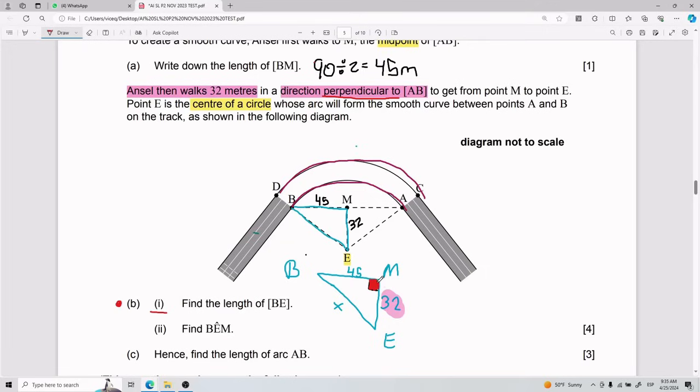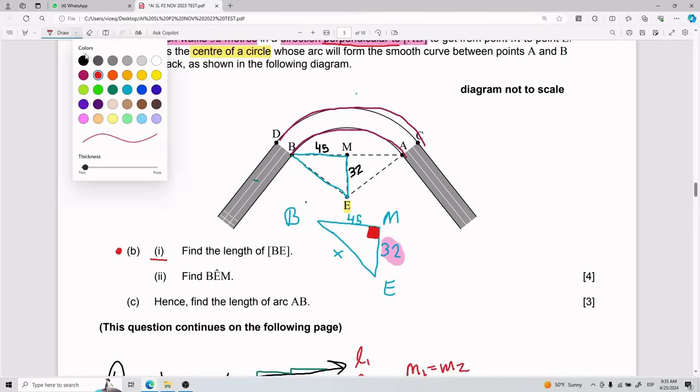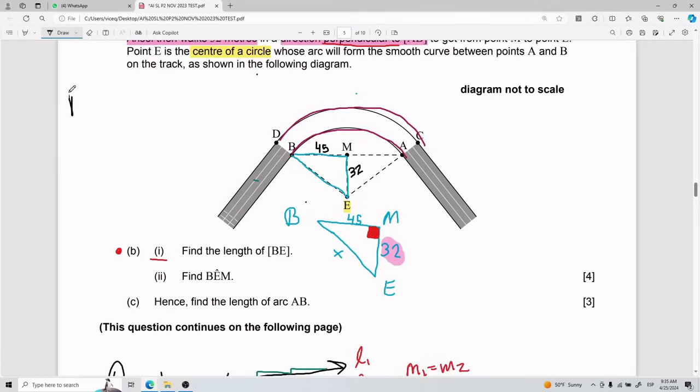And so, ladies and gentlemen, if you're trying to find the missing side on a right-angled triangle, you should be thinking of the famous Pythagoras theorem. Now, you can only use it if you have a 90-degree angle on a triangle.